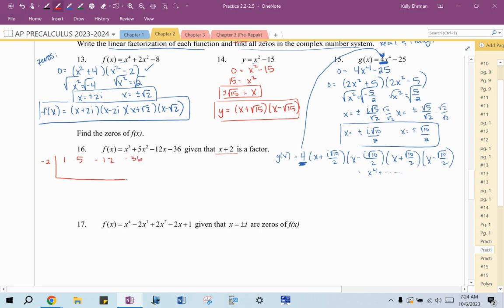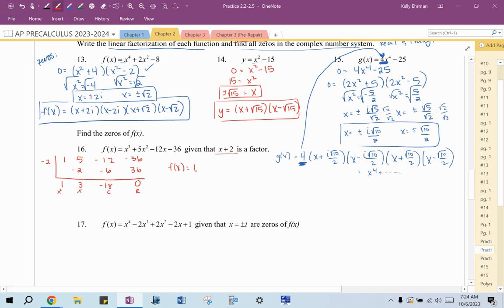Negative 2 is a factor, so if I've done my math correctly, I should get 0 right here. So drop down the 1, multiply, add, multiply, add, multiply, add. That checks out. Remember what you're left with? You just divided a cubic by a linear, left with a quadratic.